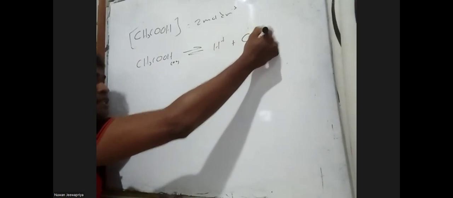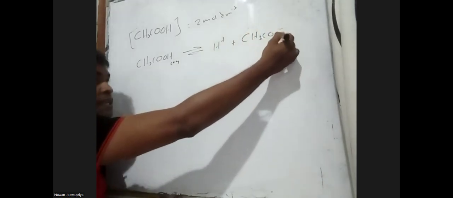Now, CH3COOH aqueous dissociates to H plus ions and CH3COO minus aqueous. So I can write the Ka. Ka is equal to this concentration times this concentration, and they are equal because they have equimolar concentration. Let it be x and x. So x to the power 2 divided by the CH3COOH concentration.